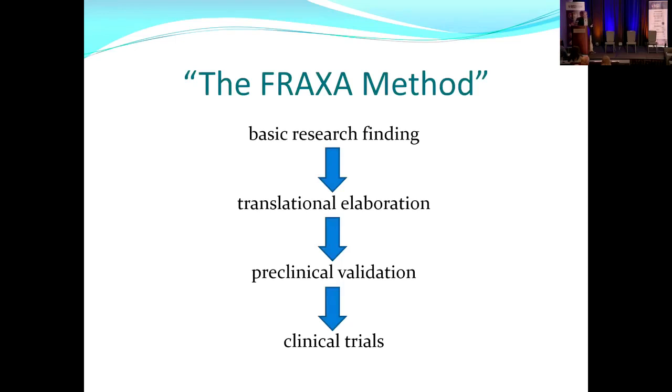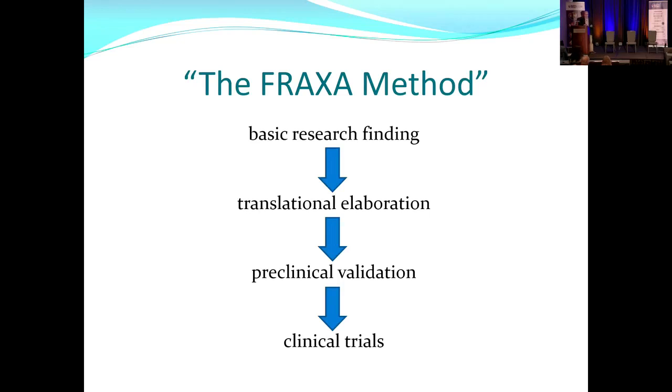We fund basic research, which generates data about mechanisms of disease. We fund translational research, which picks up on those mechanisms of disease and tries to find therapeutic targets, things that you can go after to fix the disease, or at least some of the mechanisms.